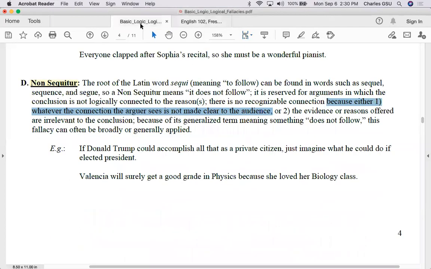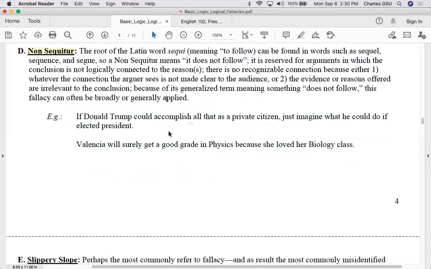So that's what I meant right here, that sometimes the connection is not made clear by the arguer, you, the writer, to the audience, your reader, or two, the evidence or reasons offered are irrelevant. So here are a couple of examples of that.